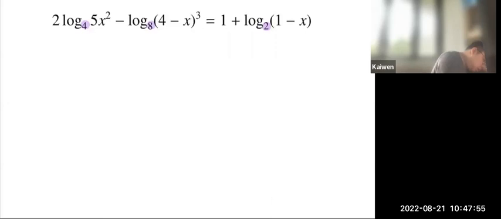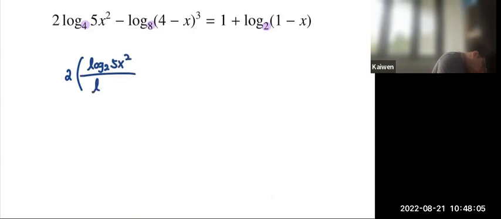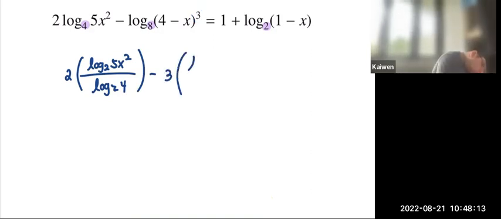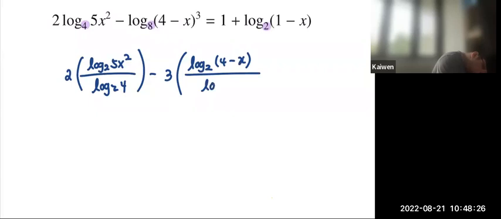So I'm going to keep the 2 in front, for a simple reason. Later you'll see why. 2 log base 2 of 5x squared over log base 2 of 4, minus, now the cube up here, I'm going to throw it down, so 3 log base 2 of (4 minus x), over log base 2 of 8, equals 1 plus log base 2 of (1 minus x).